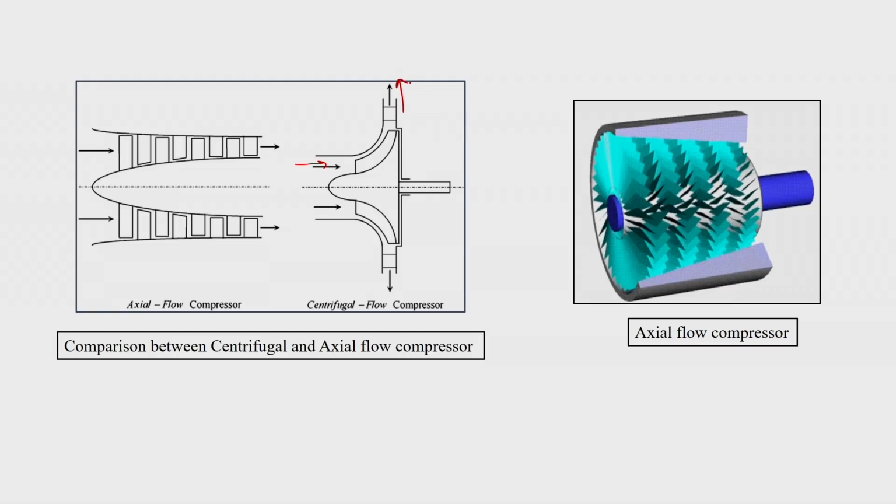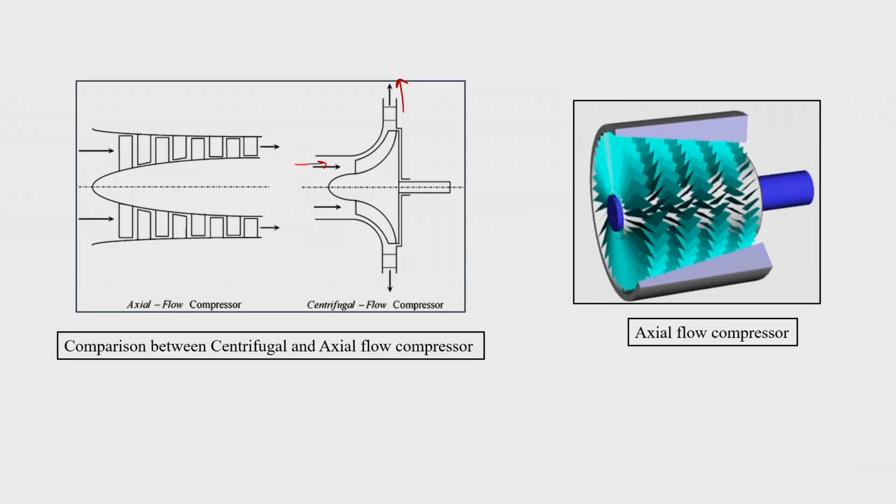In between we have impeller vanes, where the inducer was taking care of the smooth entry, and then there was a radial outlet from the impeller, and then we had a diffuser to raise the pressure further. This is how the centrifugal compressor was working, but the axial flow compressor has a different composition, where flow comes axially and also goes out axially.